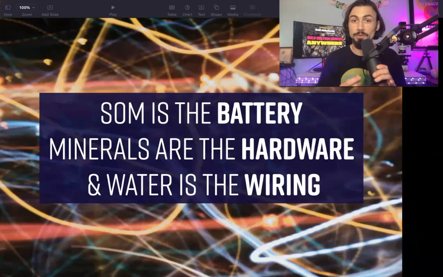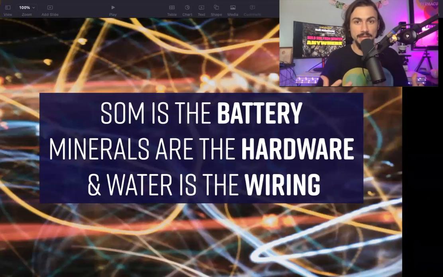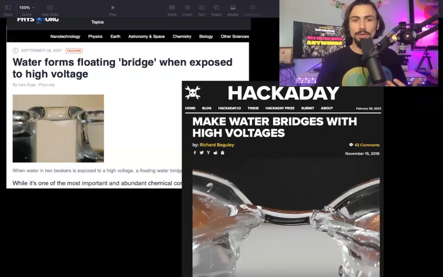We need water for photosynthesis, so that's fuel for that process. But everything else must happen in water and use water to continue their processes and to travel and send and dissolve and solubilize and all these different things. So water is the wiring.